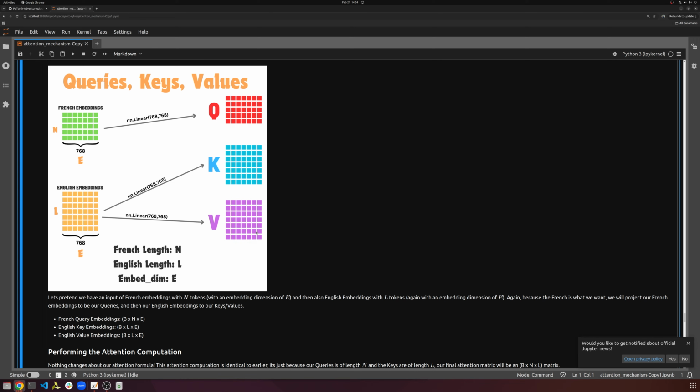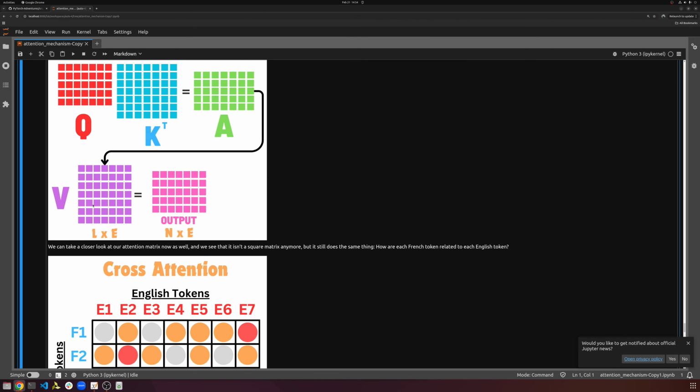We want to generate the French. So we need to do the cross attention with queries being our French and the keys and values being our English. In some of the transformer implementations out there, like in PyTorch, this is known as the target. So the French is our target, the thing we want. The English would be known as the source. So we have a target, we have a source.